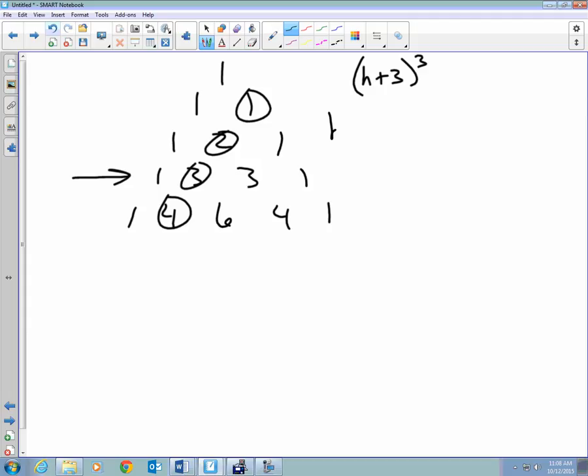So you know you're going to have an h to the third, right? Well, when you cube it, you're going to get an h to the third. And then you know you're going to get an h squared and a 3 to the first. And then an h and a 3 squared. And then a 3 to the third.